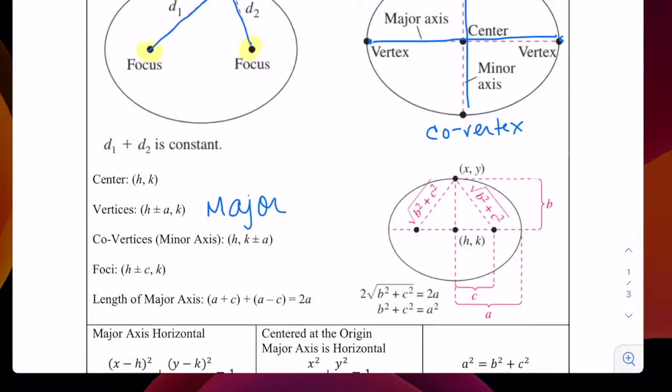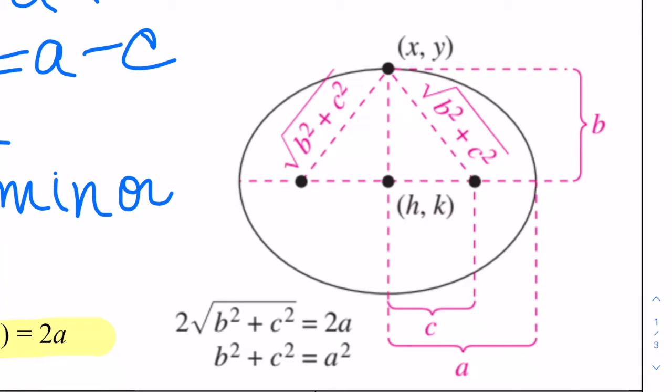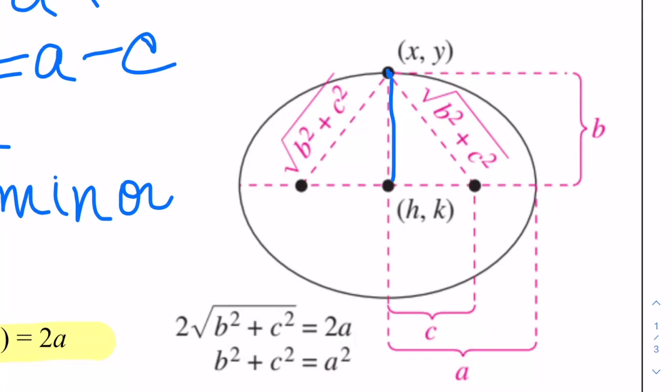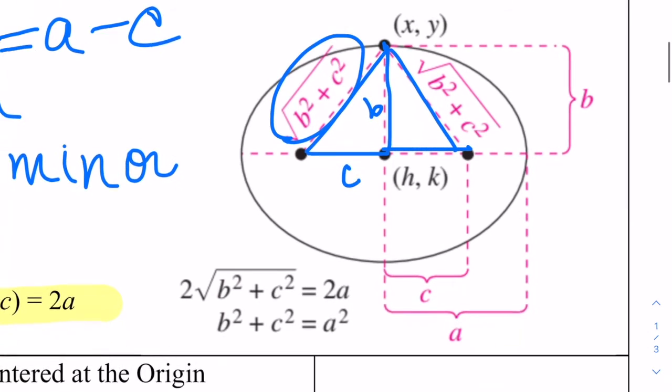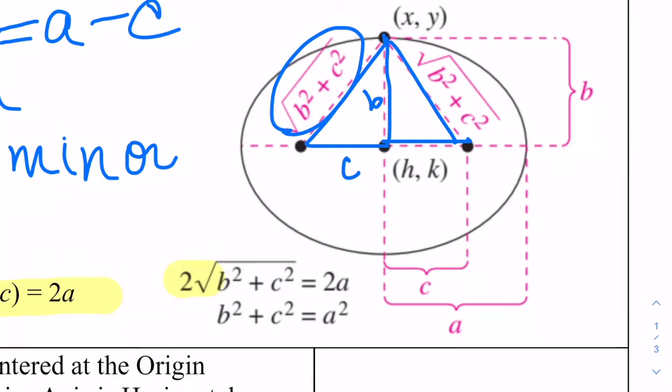Now let's consider how we incorporate B and C. We can make 2 right triangles, both with the length of C and a side length of B. And we know that this will be the hypotenuse, and 2 lengths of the hypotenuse will equal the length of the string, which we just said was 2a.